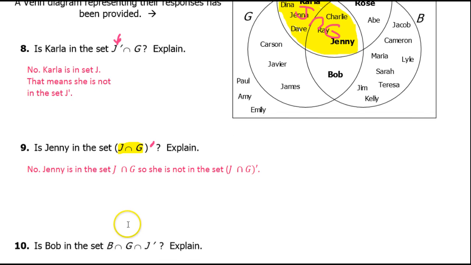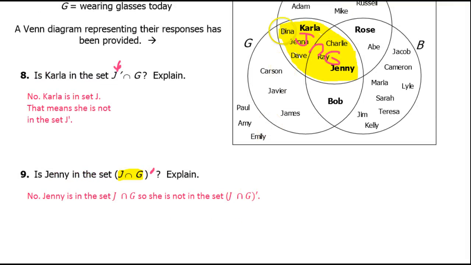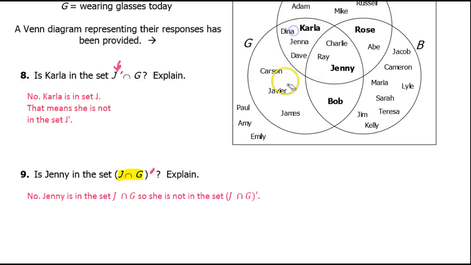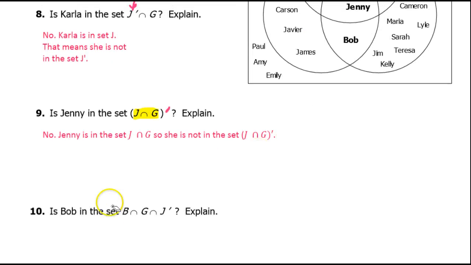Okay. Is Bob in the set B and G and not J? Okay, well, let's highlight that set and see if Bob is in there.